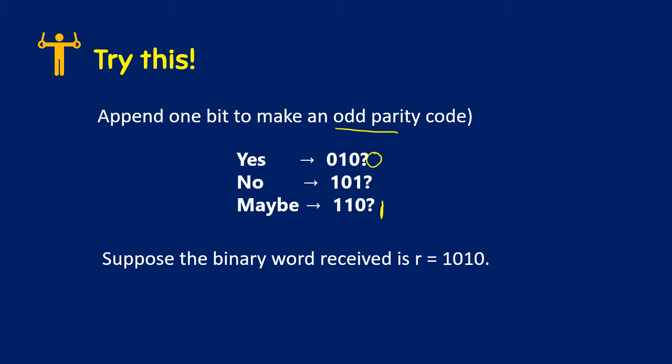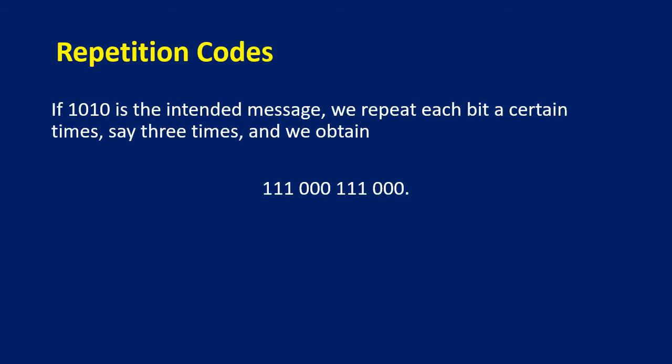Now, suppose that the binary word received is 1010. Again, we are talking about odd parity here. So that's why we know that there is an error, because this one has even parity. Now, what about repetition codes?